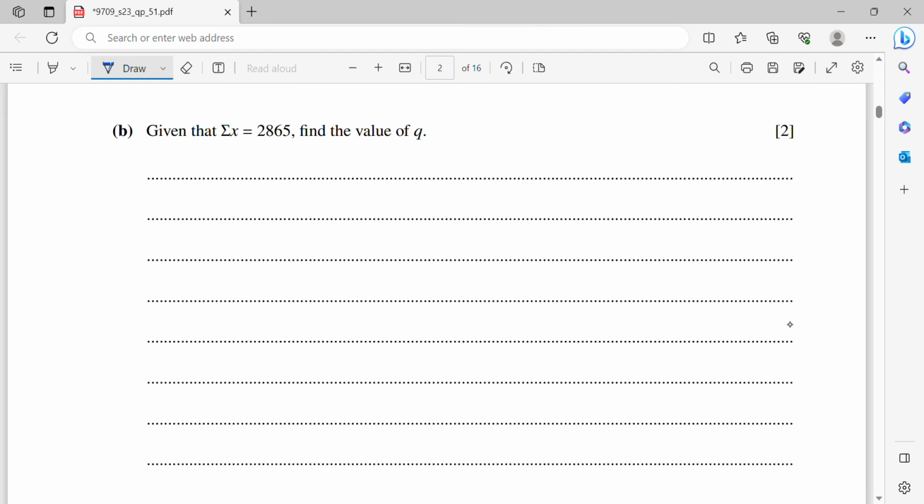Now B, given that summation x is 2865, find the value of q. So now I'm going to use summation x minus q equals 700.